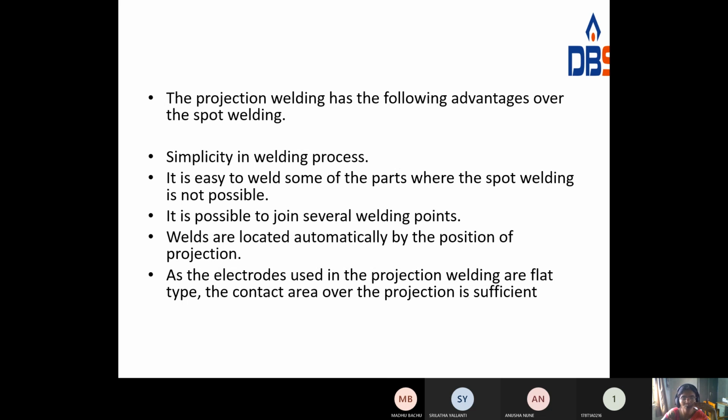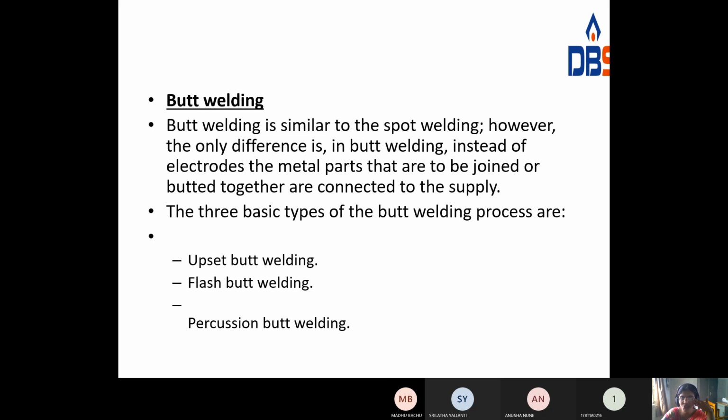Welds are located automatically by the position of the projection. As the electrodes used in projection welding are flat type, the contact area over the projection is sufficient. So these are the advantages of projection welding.